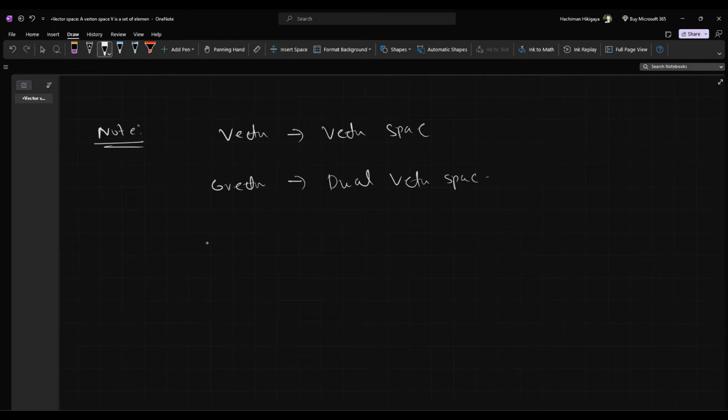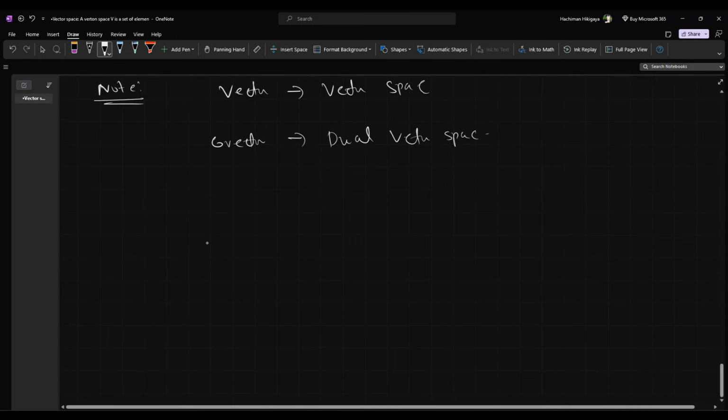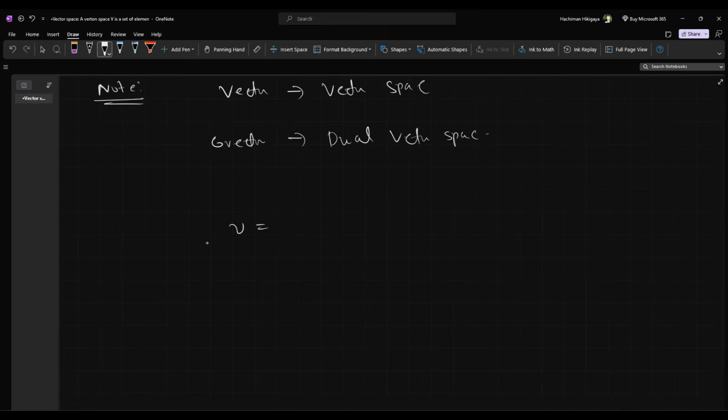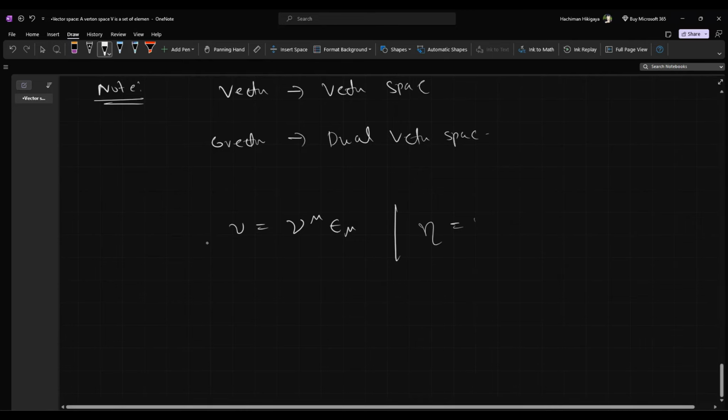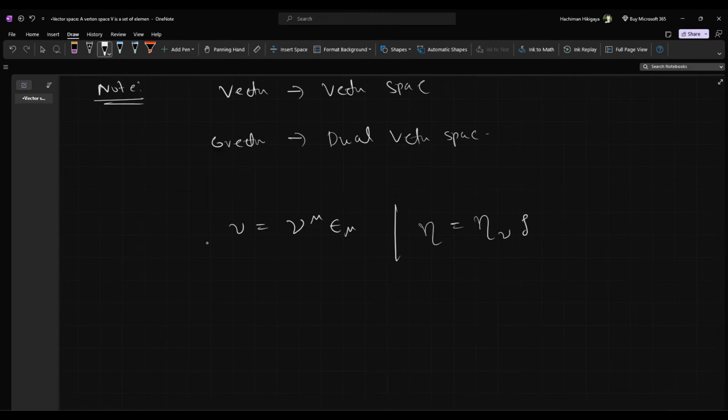Now there is a convention. We know vectors can be written with coefficients, the components. So I'll use the word component from now. A vector is written as v nu epsilon nu, and the covector can be written as eta nu f nu.